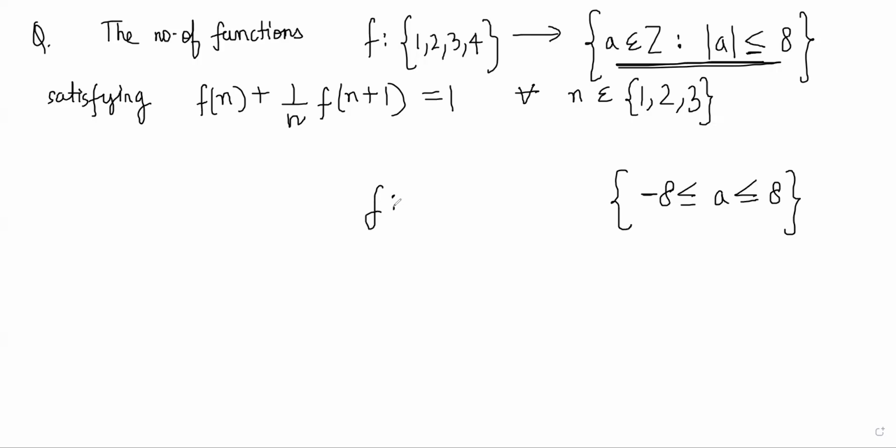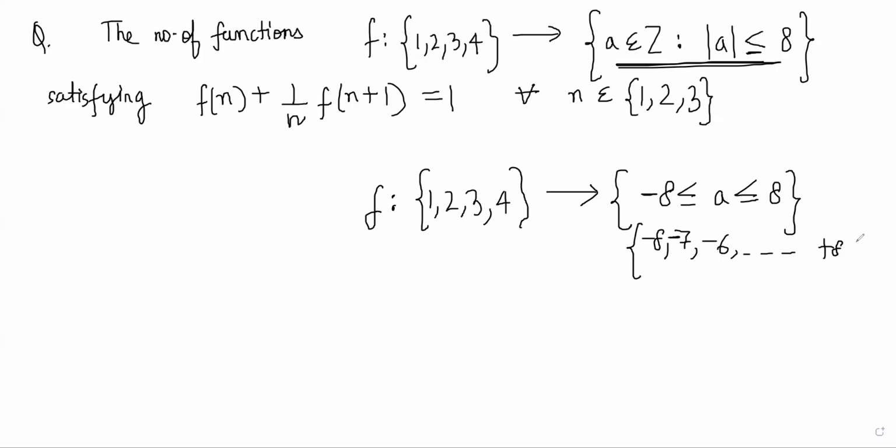And f is from {1, 2, 3, 4} going to this set. Correct? Yes. So that automatically tells us the output is also some integers, −8, −7, −6 till +8.